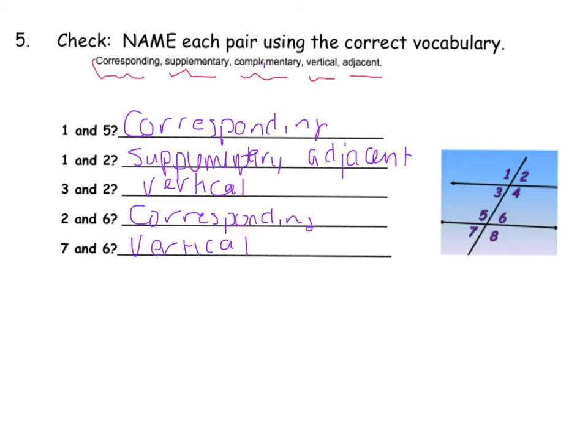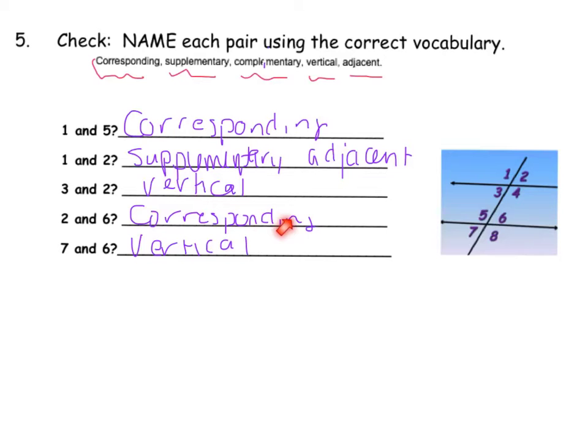Alright, so 1 and 5 are in the same location but different neighborhoods or intersections, so they're corresponding. 1 and 2 are right next to each other, so they're adjacent, but they also form that straight line, so they're also supplementary. 3 and 2 are across from each other, that makes them vertical and congruent.